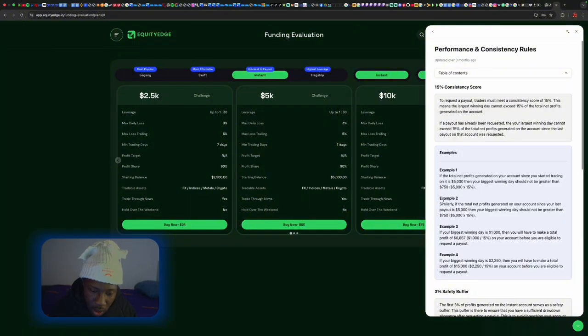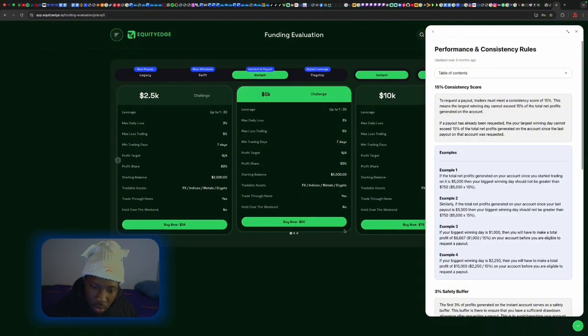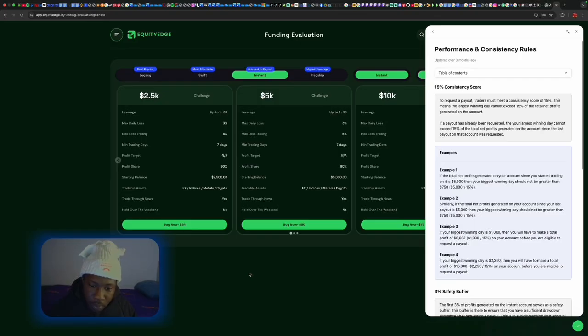If your best winning day is 600, 15% of 600 is going to give you something which is maybe 6,000 or something, and that 6,000 is going to be made while trading below 600, your best winning day.